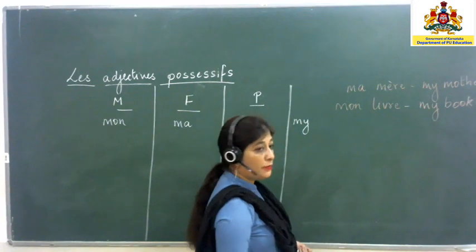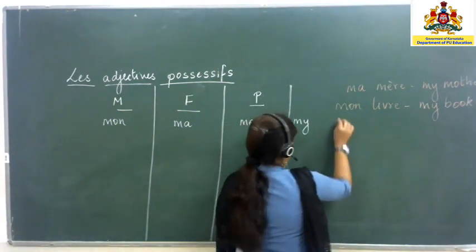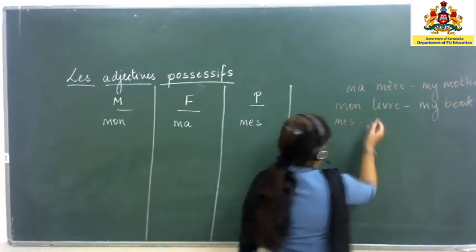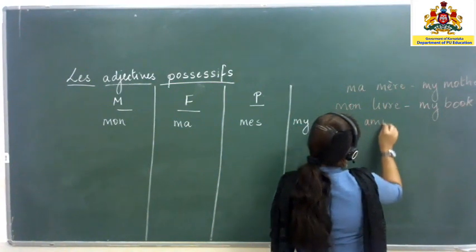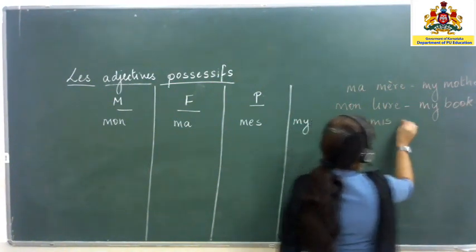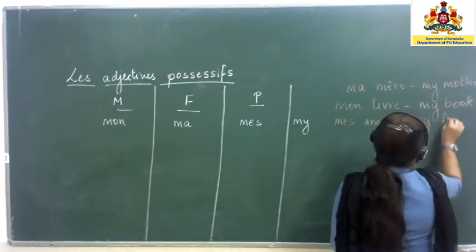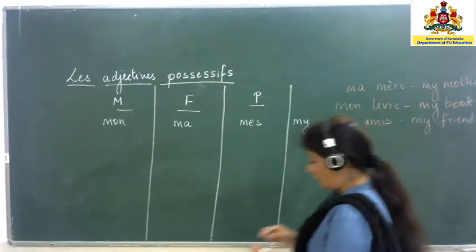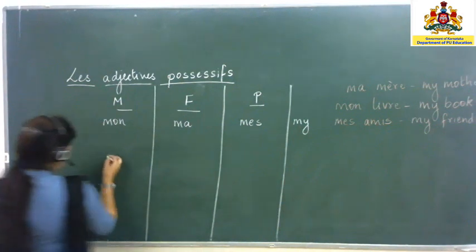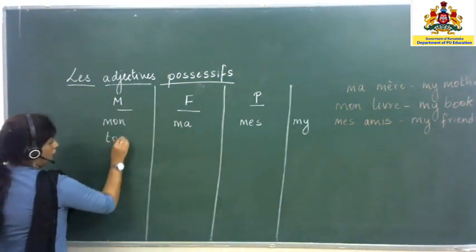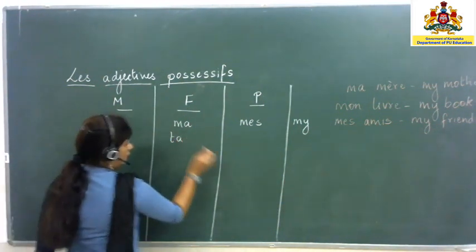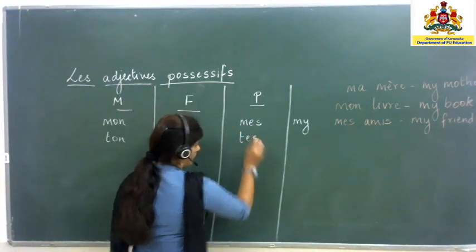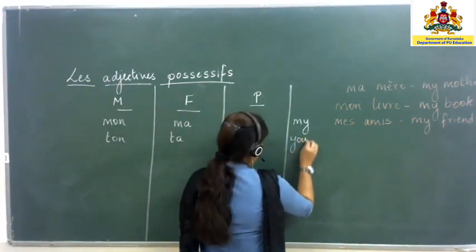If I want to say my friends, friends is plural. M-E-S A-M-I-S, mes amis, meaning my friends. I hope that is understood. So you're going to have ton, ta, tes, meaning your.